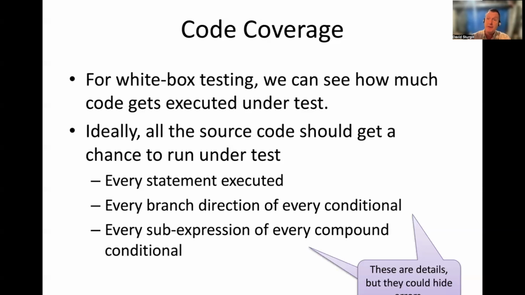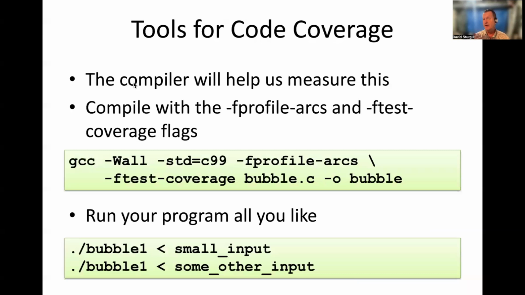I checked with one of your CSC 216 instructors, and I know you've gotten a chance to do this kind of thing in Java. We'll just be looking at some tools to do some of the same things in C. To compile a program with support for code coverage, we're going to use two new options. You can see they both start with -f, and that was the same as we had for our other instrumentation options.